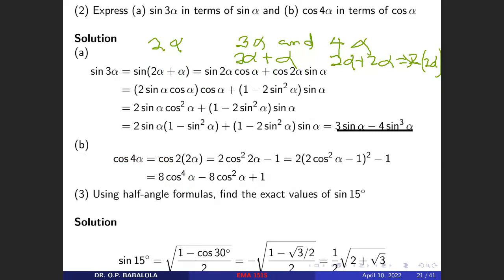Note here that I have written cos 30 and not cos 15 degrees. Can someone tell me why I've written cos 30 and not 15 degrees?